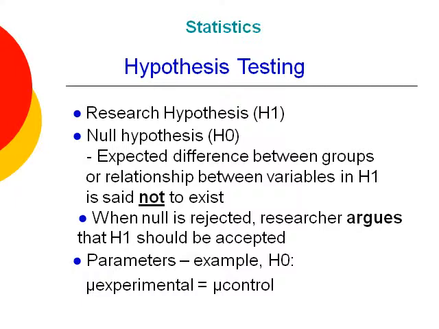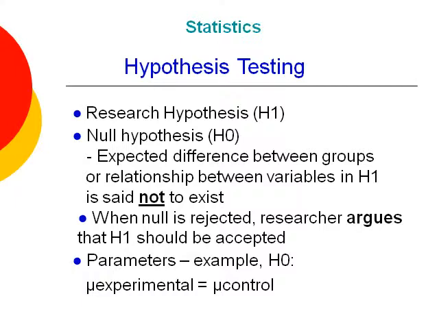Hypothesis testing begins with a research hypothesis, which we will symbolize as H sub 1. We defined the research hypothesis earlier in the course as a statement of the expected difference between groups, or the relationship between variables we expect to observe when we conduct an experiment within certain parameters.